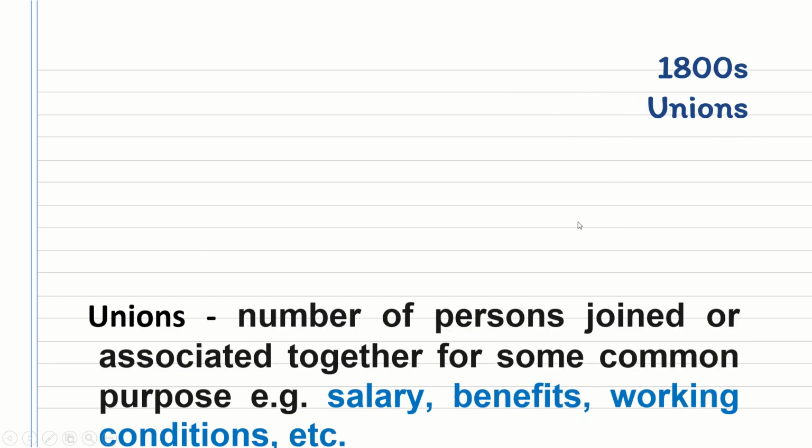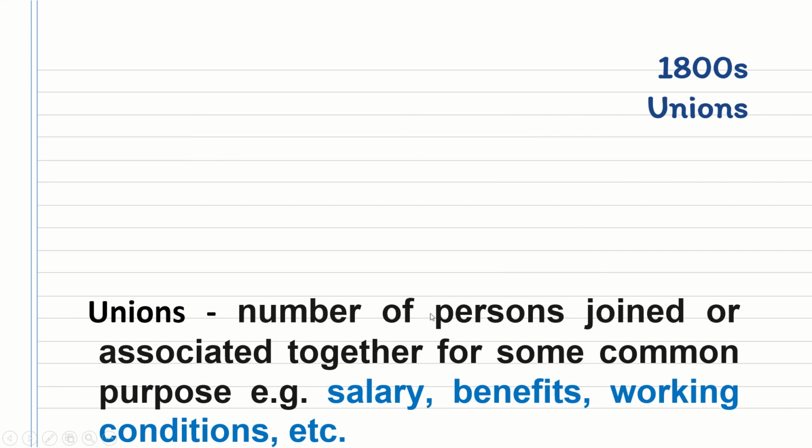That's why, in the 1800s, lumabas yung mga unions. When we say unions, these are a number of persons joined or associated together for some common purposes or common interests. When we say common interests or common purposes, this involves the salary, the benefits, and the working conditions. Ang ibig sabihin nito, ito yung mga tao na they join together for them to be able to raise their concerns sa management or sa owner ng business.